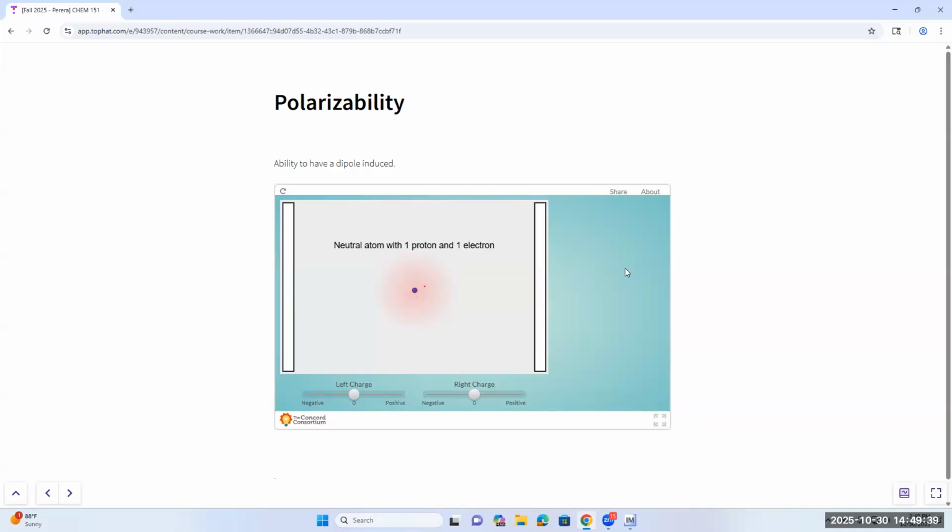It doesn't have any partial charges. However, now pay attention very closely, please. If you have your phone, I know you tend to look at it. Please put that away for a second just to understand this. Then you can take your phone back and do whatever you want. Now let's look at this. We have a spherical electron cloud, meaning there are no partial charges.